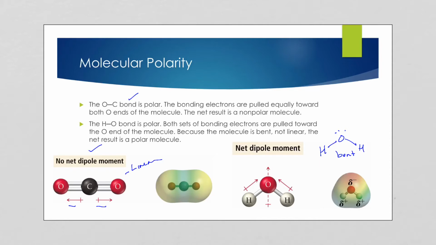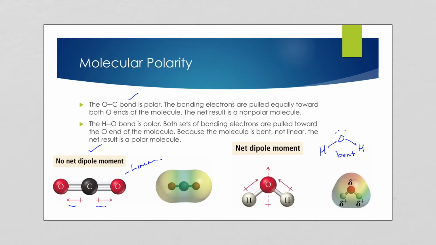But notice they are not pointing exactly in opposite directions. They are pointing sort of left and right, but they're both pointing generally up, or toward the oxygen, if you will, in the way this is drawn. And so there's a general upward point here.